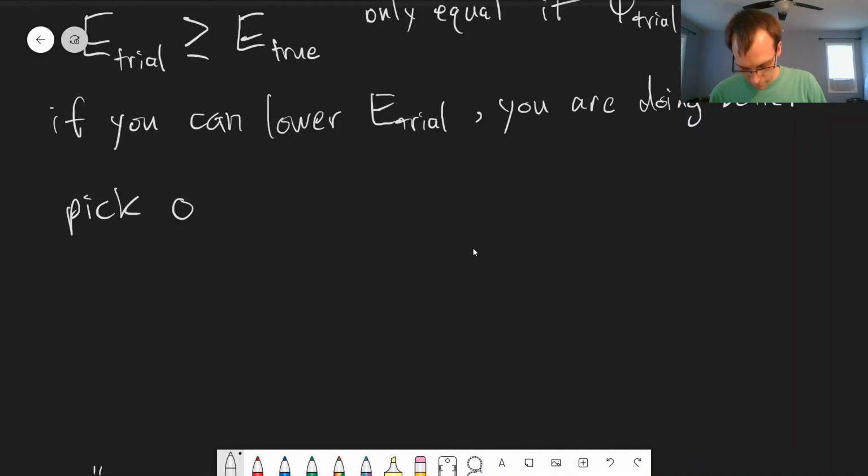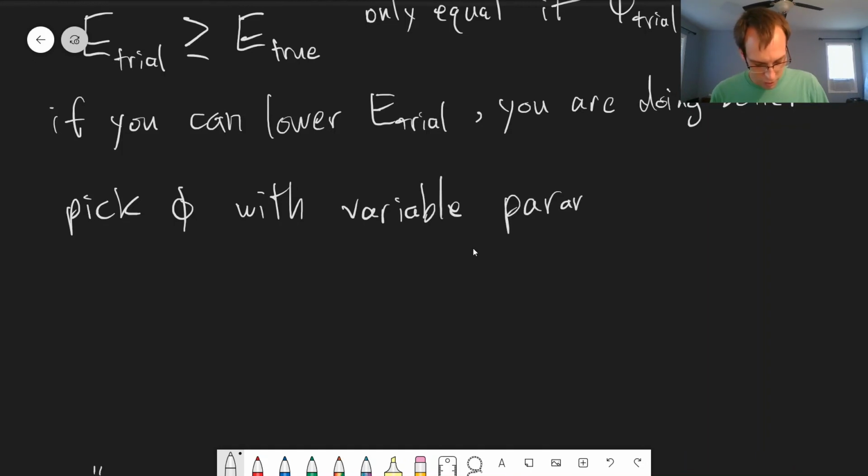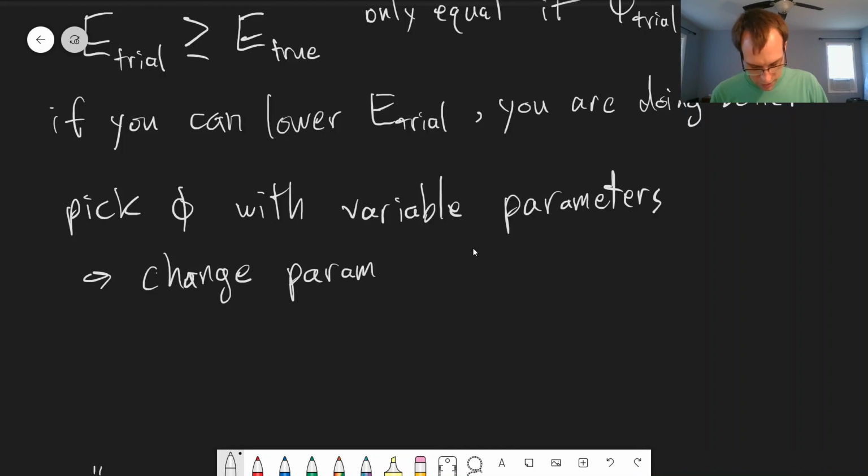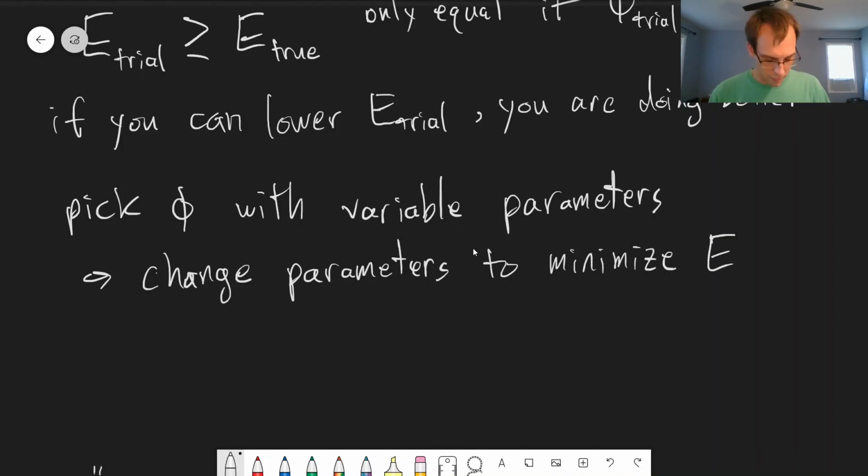So pick phi with variable parameters. And what we'll do is change those parameters in order to minimize the energy. So change parameters to minimize the energy, and that means that we've got the closest we can get, with the way we've set up the problem at least, to the true wave function and true energies of the system. And so that's the basic idea behind the variational principle.